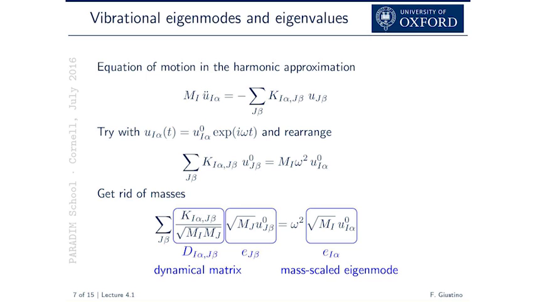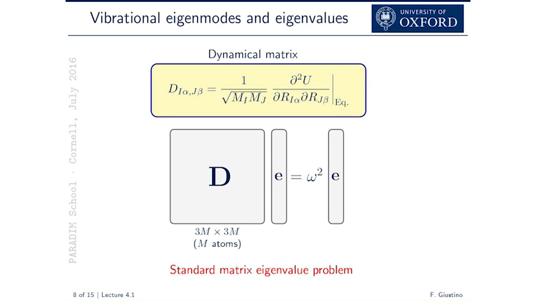So how do people call these things? This is called the dynamical matrix. The dynamical matrix is the matrix of second derivatives of the energy with respect to atomic positions divided by the square root of the masses. These are called the mass-scaled vibrational eigenmodes because there is a mass factor in the middle. And in practice, what one does is to calculate this object in DFT calculations, okay?